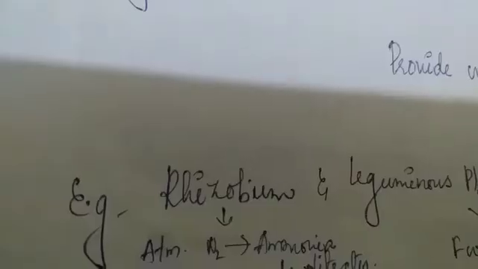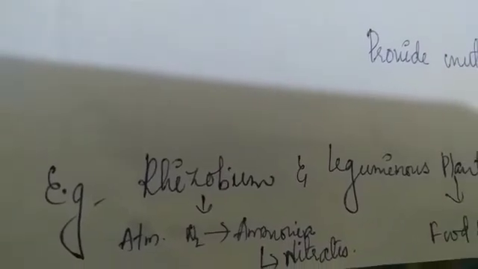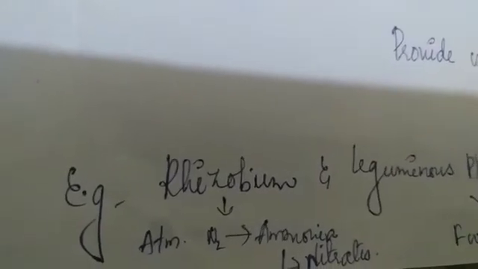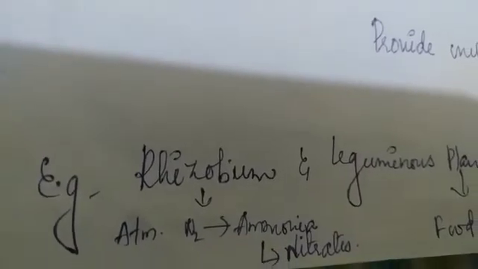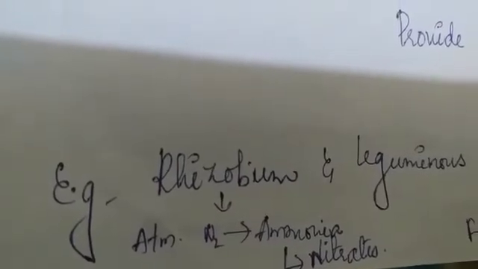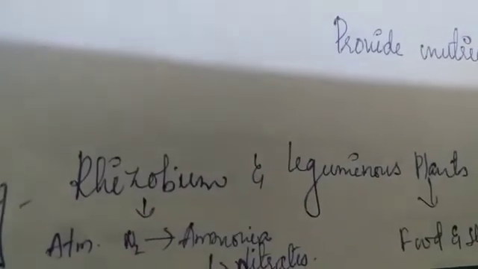The second example is rhizobium and leguminous plants. What is the specialty in them? Rhizobium lives in the root nodules of leguminous plants, like peas and beans. This bacteria helps to convert atmospheric nitrogen into ammonia and then into nitrates. What is the benefit to the leguminous plant?